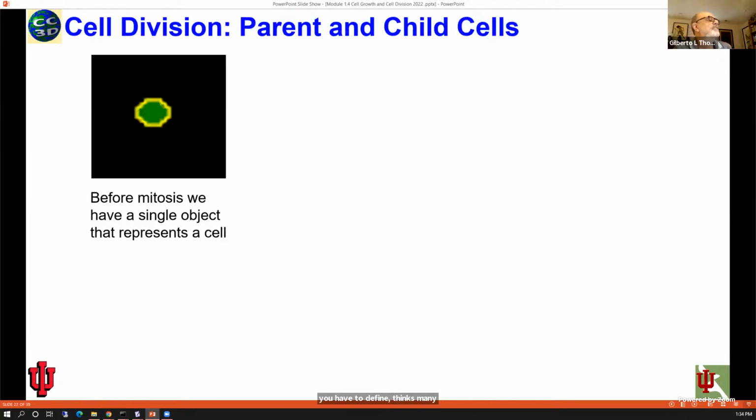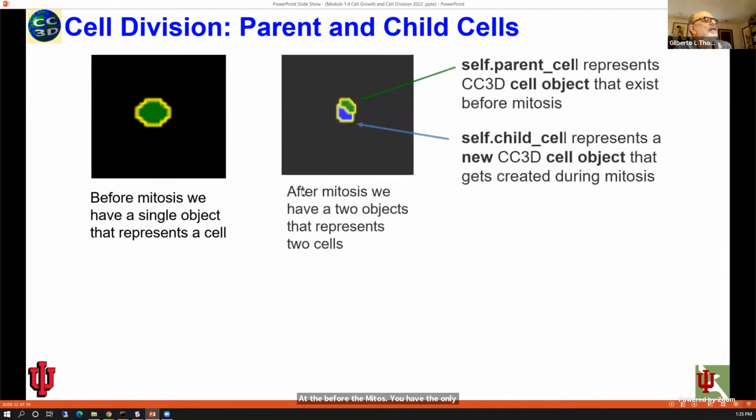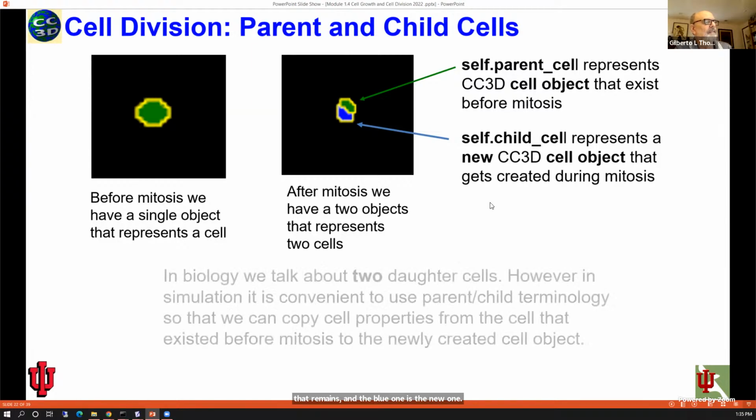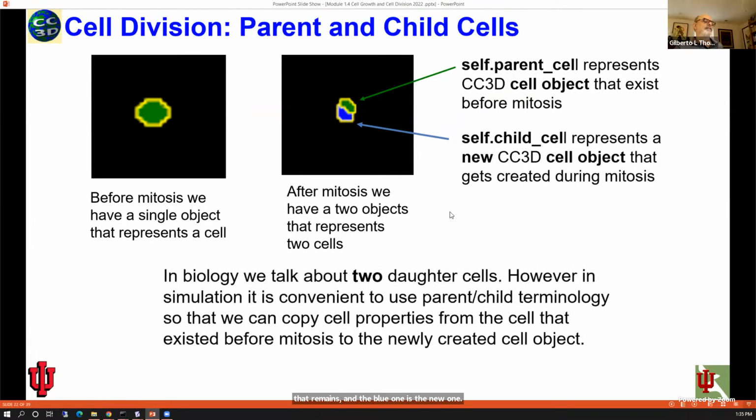Okay, this is what you would see in a division. Before the mitosis, you have only 1 cell. After mitosis, you have 2 cells. The green here is the parent cell that remains, and the blue one is the new one, the child cell. Remember, in biology, daughter cells is the terminology used after cell division.